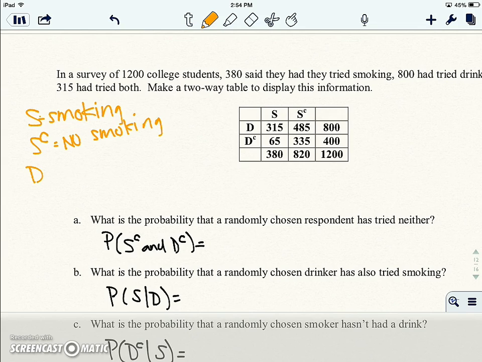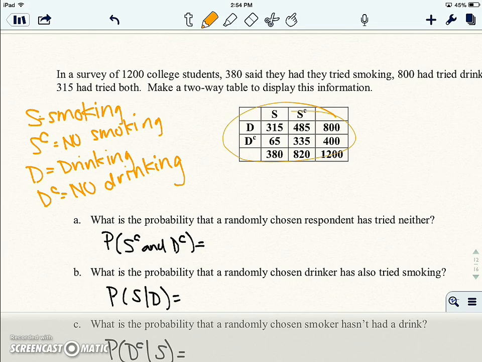Similarly, D equals drinking, and D complement equals no drinking. And remember, AP makes you define all variables. Then they used this data to fill in the table, which you should have been able to do.